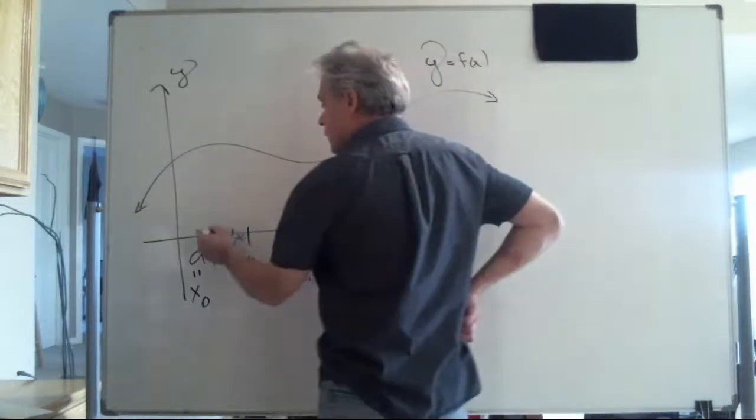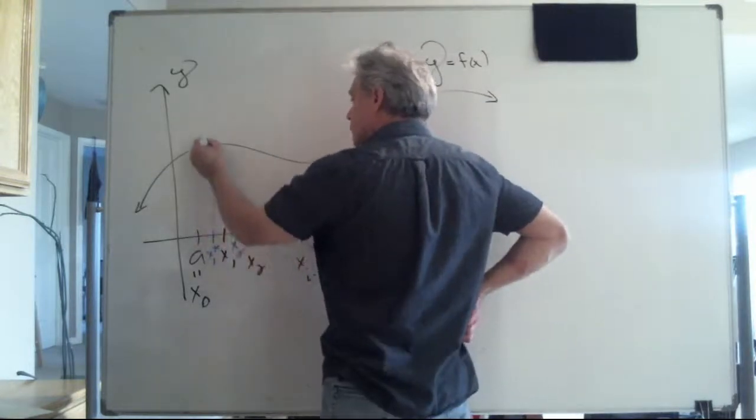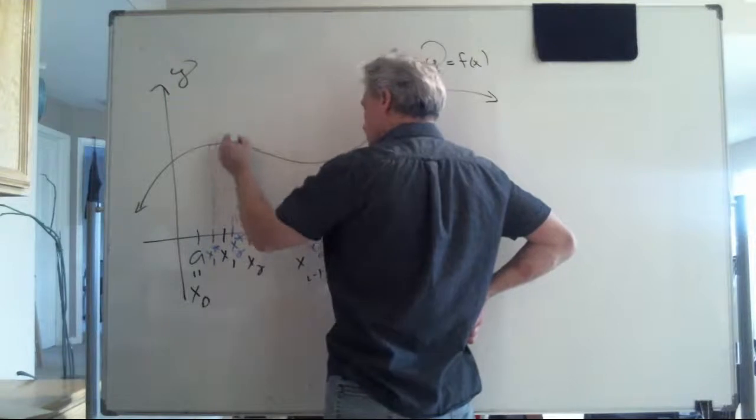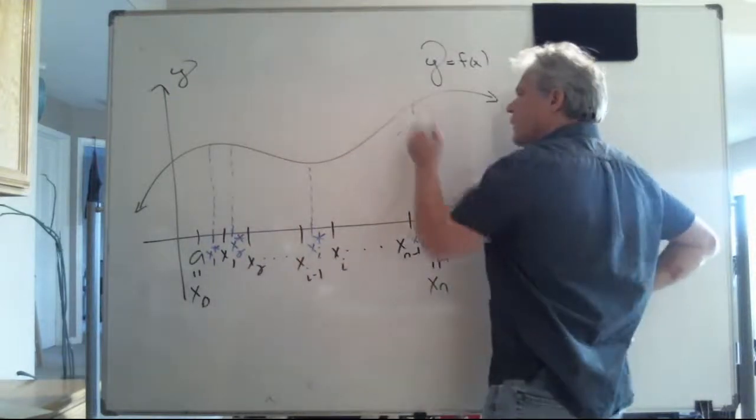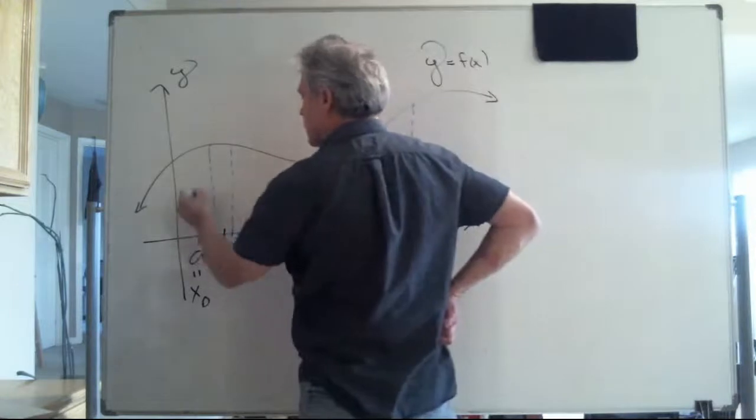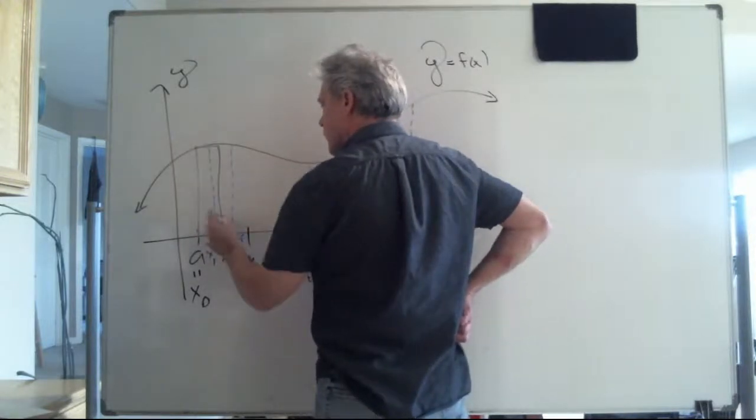Now, I'm going to use those x values to go straight up to the curve to determine the height of an approximating rectangle.